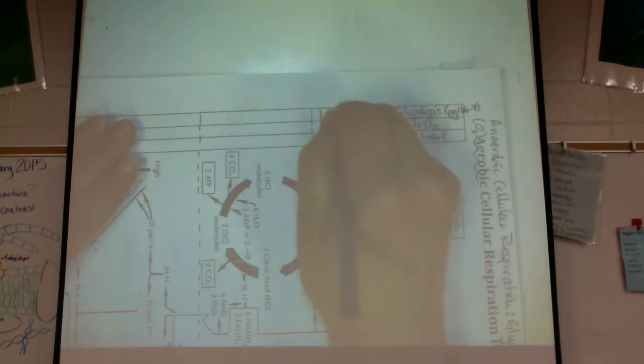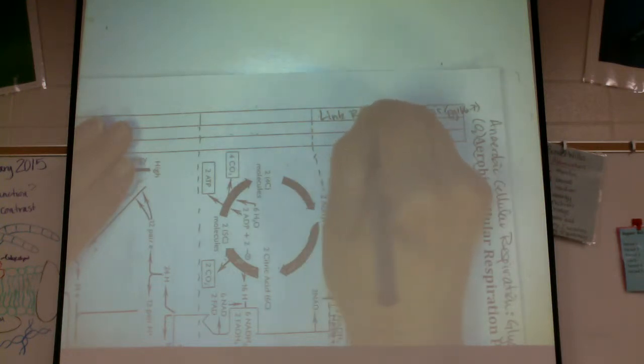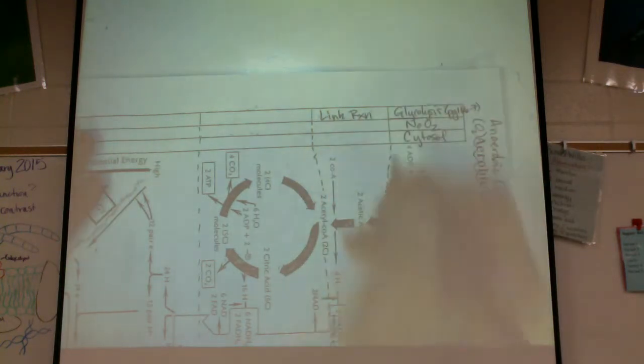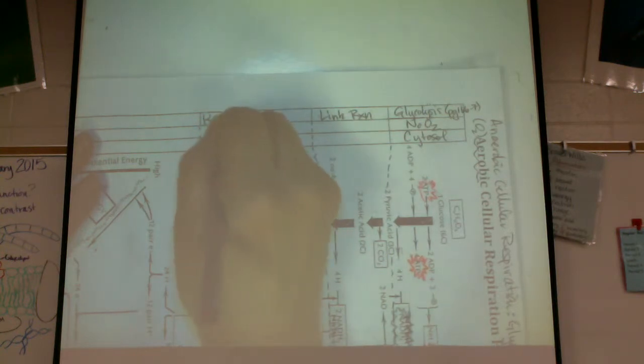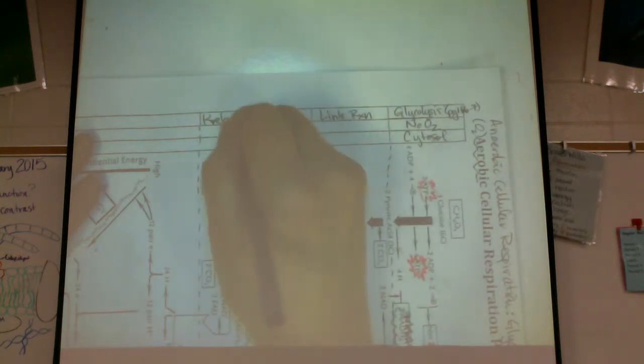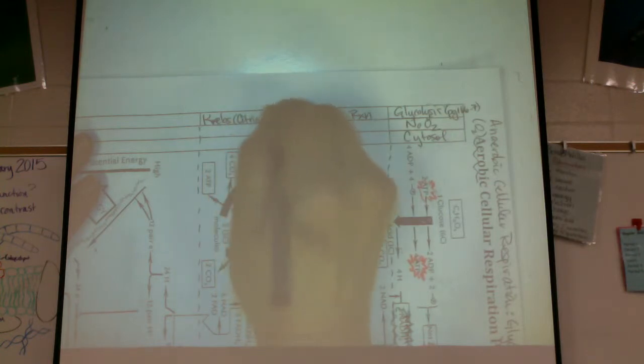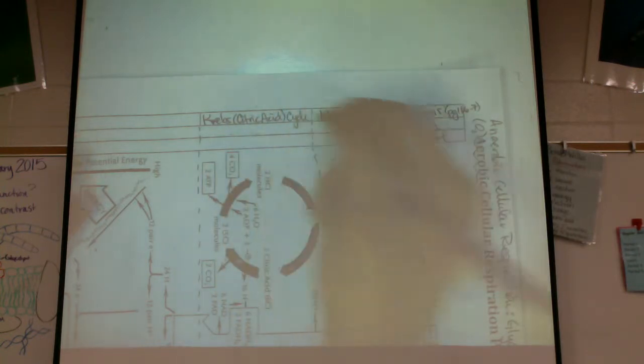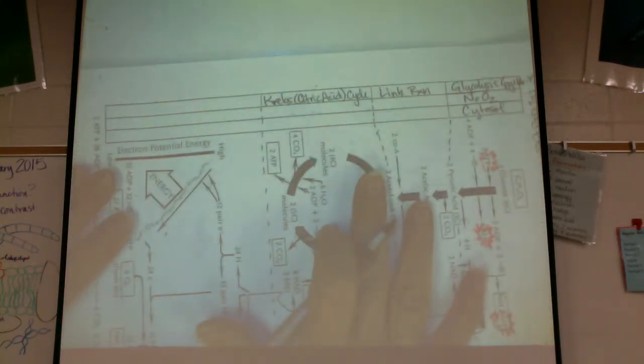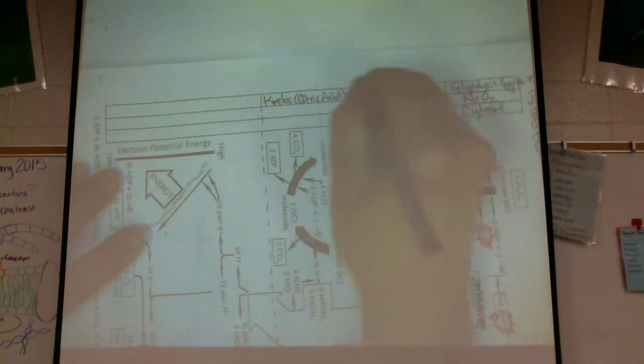the link reaction. Okay, that's going to be followed by the Krebs cycle, or citric acid cycle. And then that's followed, of course, by oxidative phosphorylation. The citric acid cycle, by the way, is on page 168.